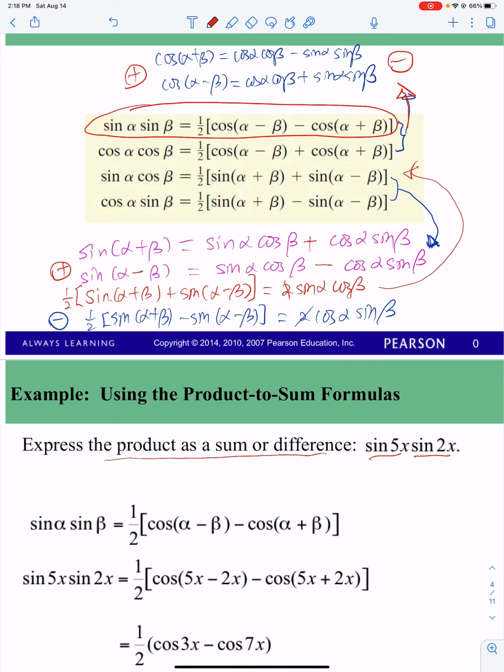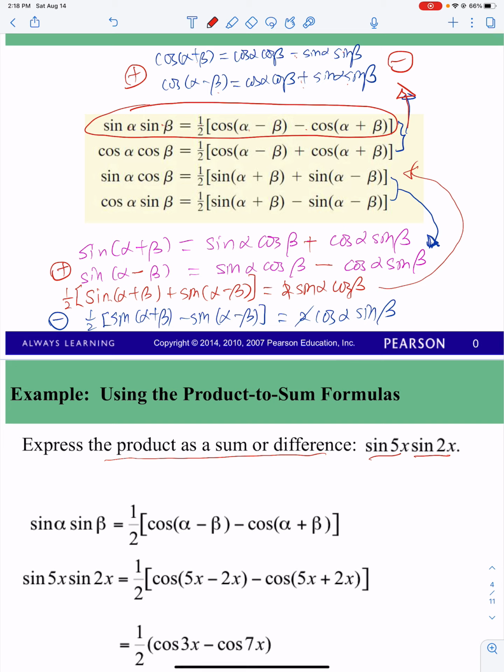There is one very important example. Which one should we use to subtract here? We should use the bottom to subtract from the top, because we want sine alpha sine beta to be positive. So this is a half cosine of alpha minus beta, minus the cosine of alpha plus beta. Why does cosine of alpha minus beta come first? Because cosine of alpha plus beta and cosine of alpha minus beta have opposite signs in the plus and minus.